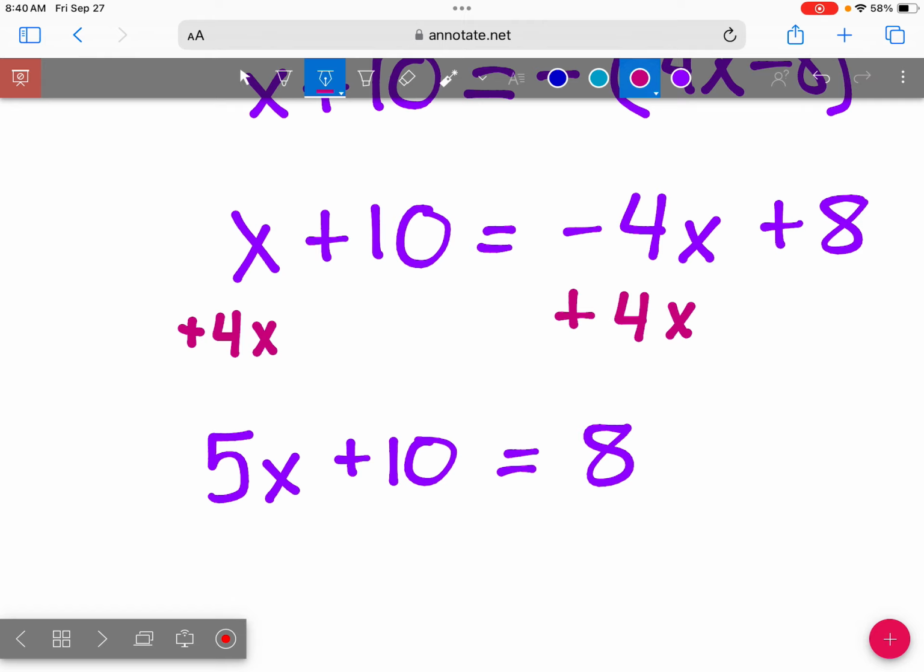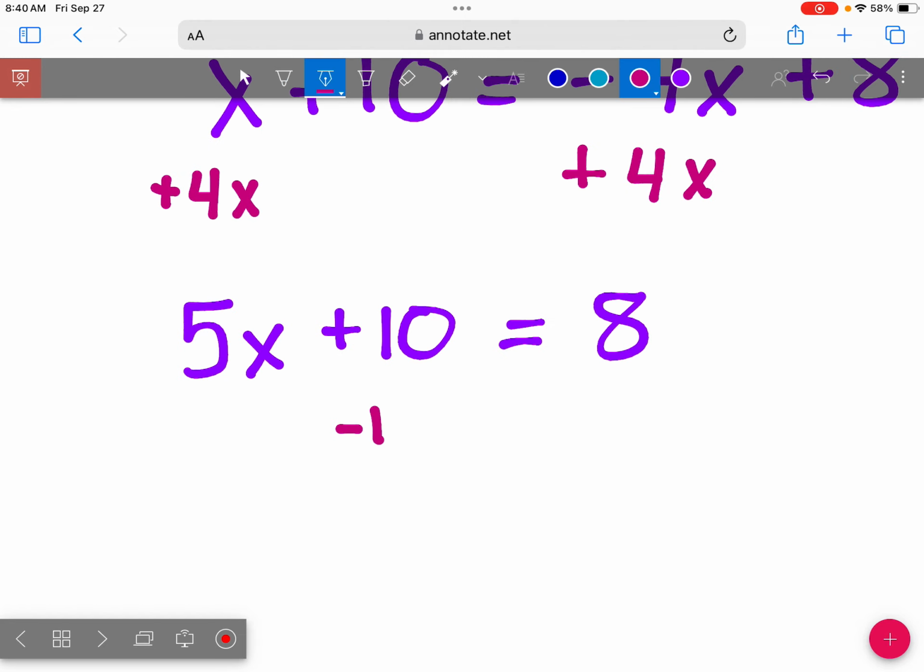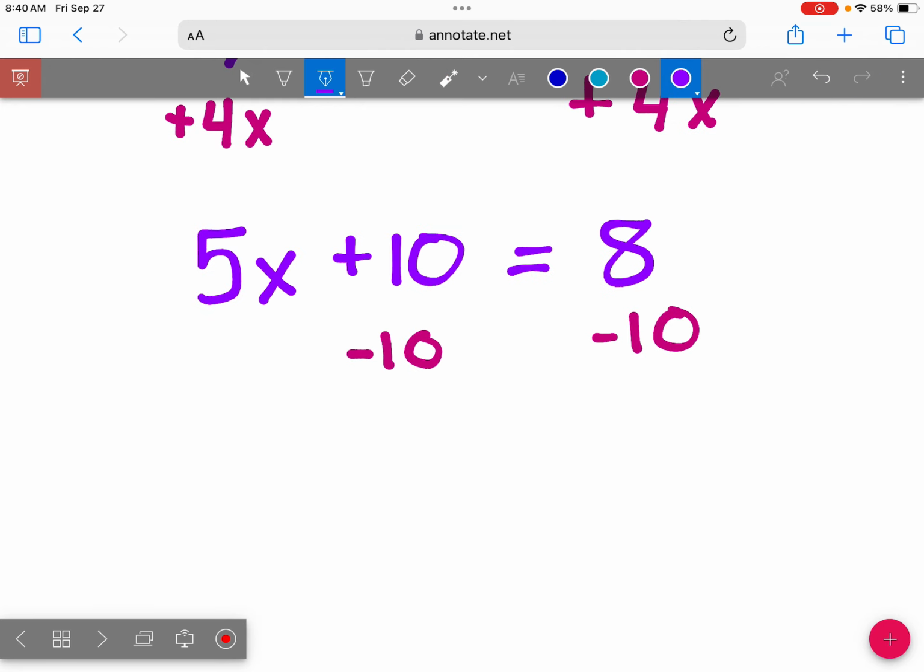I need to get those numbers to the other side. So that's minus 10. Minus 10. So we're going to have our 5x equals negative 2. One more step here.